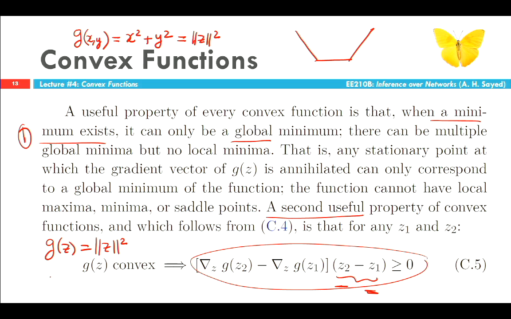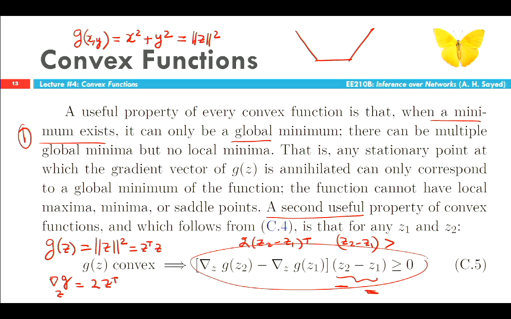Okay, so what is the gradient of g? So this is z transpose z. So let's differentiate relative to z, what do you get? 2 z transpose, right? Something like that, right? So you will see that if you pick any 2 points, this difference will be z2 minus z1, and this difference here will be 2 z2 minus z1 transpose.